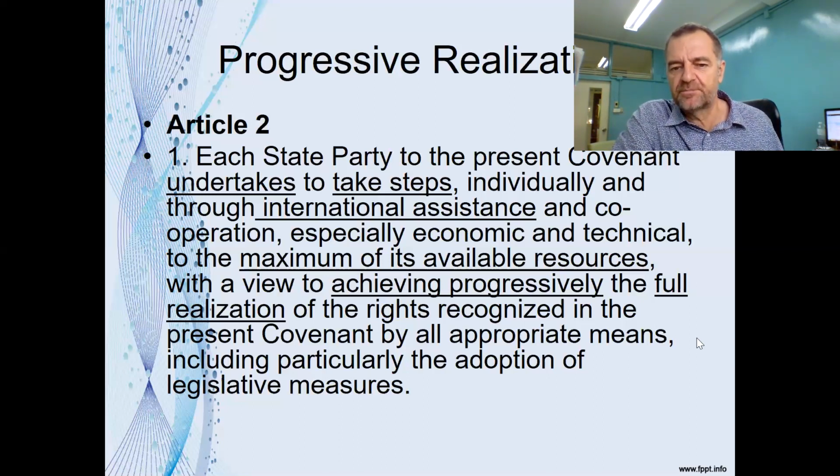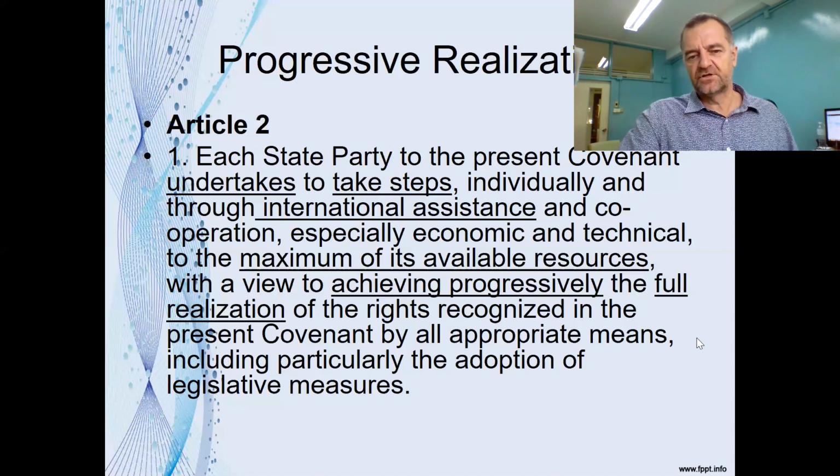It's also human capital as well, that the human resources should be there to educate people or for health and so on. But it means that the state is using those resources to the maximum to realise these rights. Now, cases where that doesn't occur is, for example, when a state doesn't collect taxes from the wealthy, because those taxes could pay for education and health.